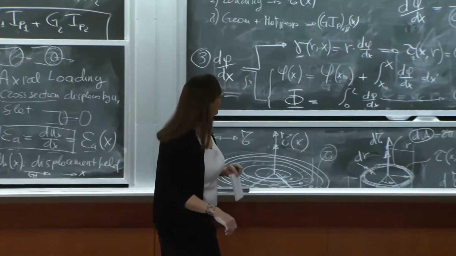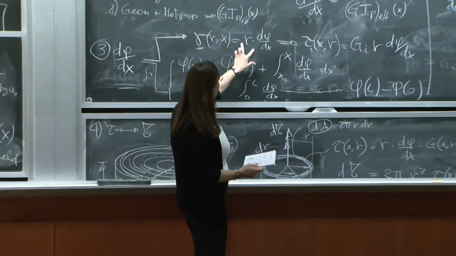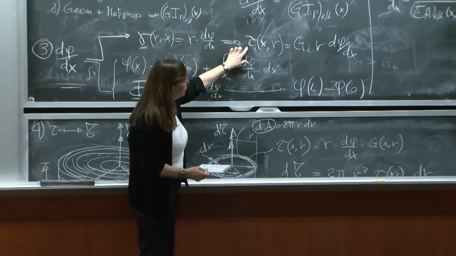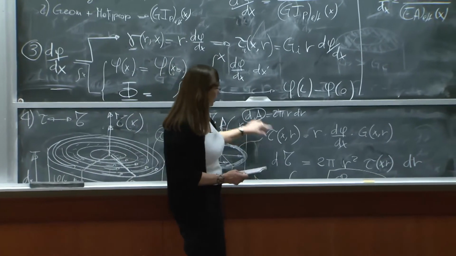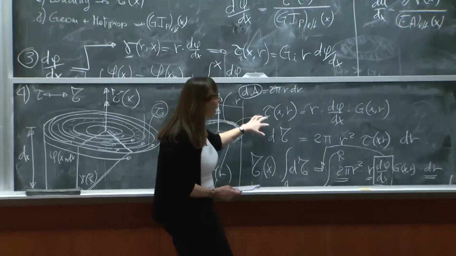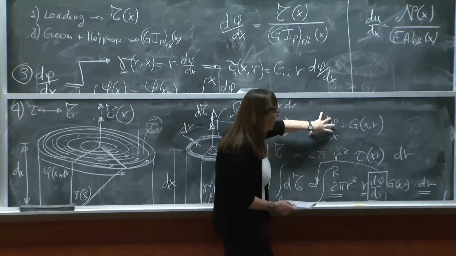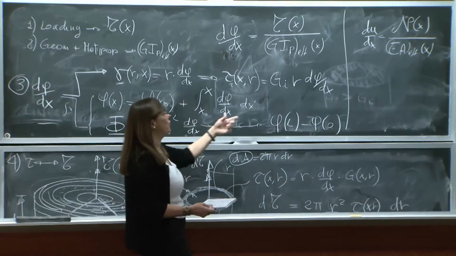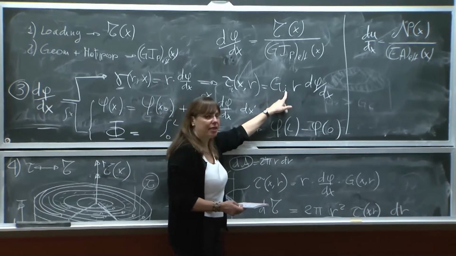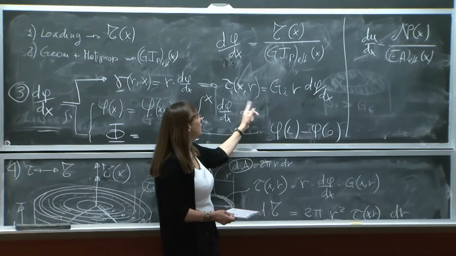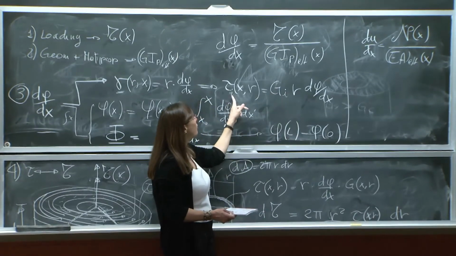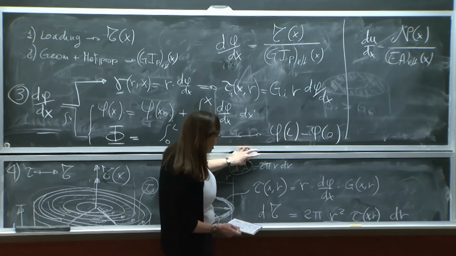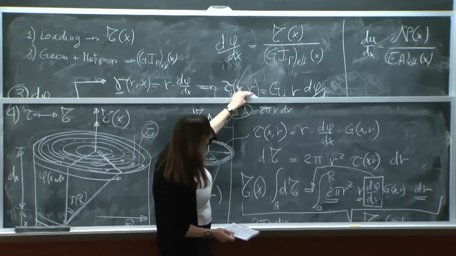So d phi dx times r is gamma, and then tau is how much strain I have, which is this, times the modulus. So that's each material. If I have steel, that would be G of the steel times that, if I want the tau in the steel. If I had aluminum, that would be G of the aluminum. The same way as we said here in axial loading.